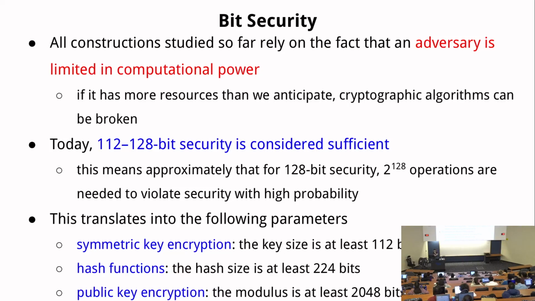When it applies to different crypto algorithms, it means slightly different things. For symmetric key crypto algorithms, our crypto keys should be at least 128 or 112 bit. For hash functions, we want the hash size to be double that. For public key encryption, the N should be at least 2,000 bits long. So that is the standard we are using right now, but this may change very fast.